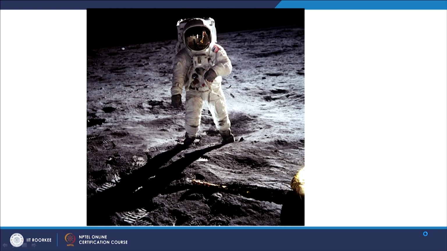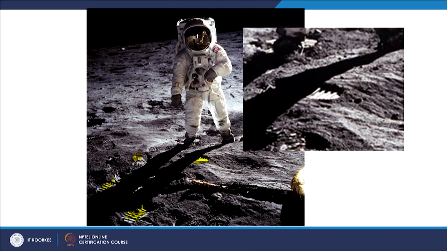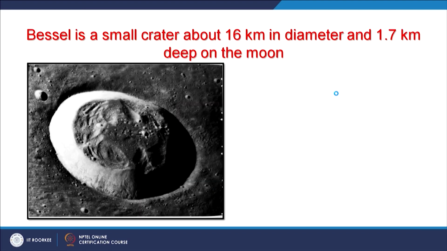Now, if you see this photograph of Neil Armstrong, the footprints you see here, like this one or this, are all in depression. So what was wrong with the first photograph of the footprint is really a matter for concern. Here is a zoomed part, and you see the footprint is in depression, which gives a correct perception.